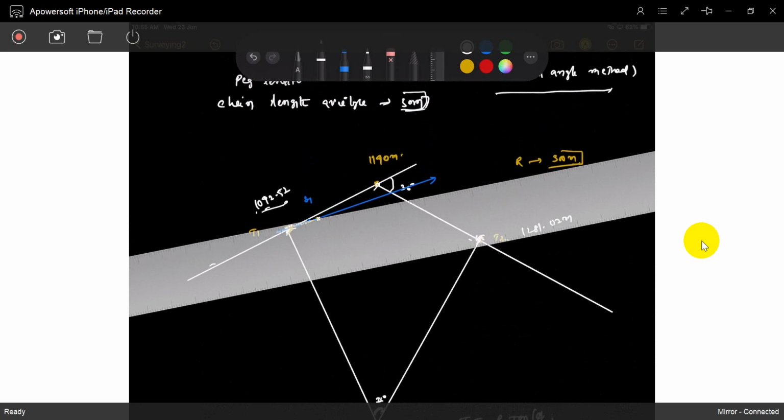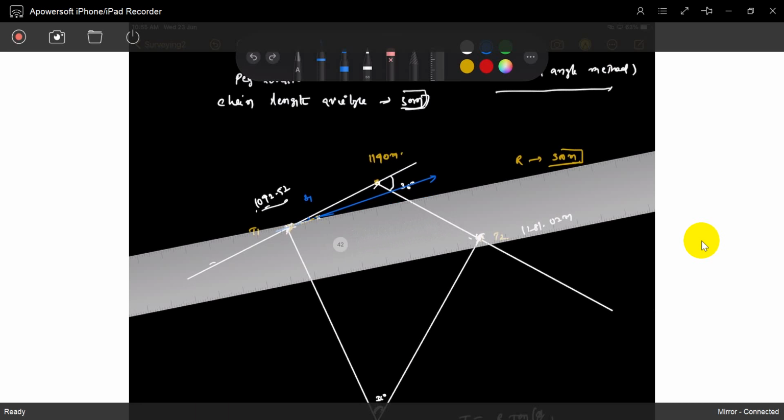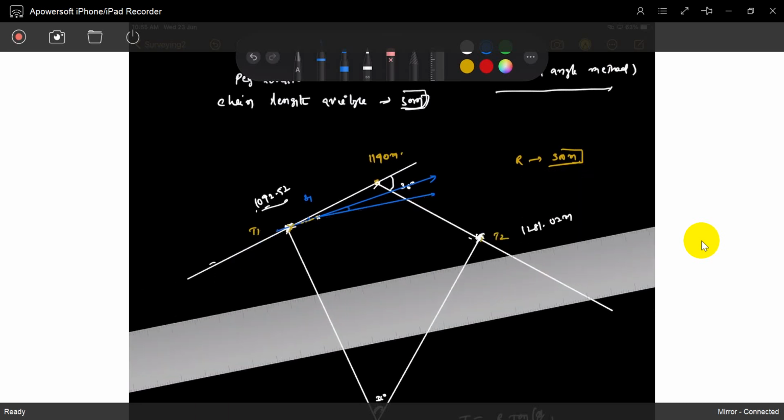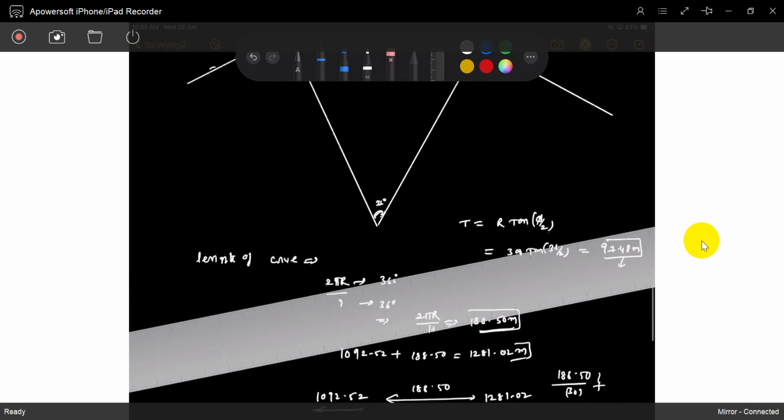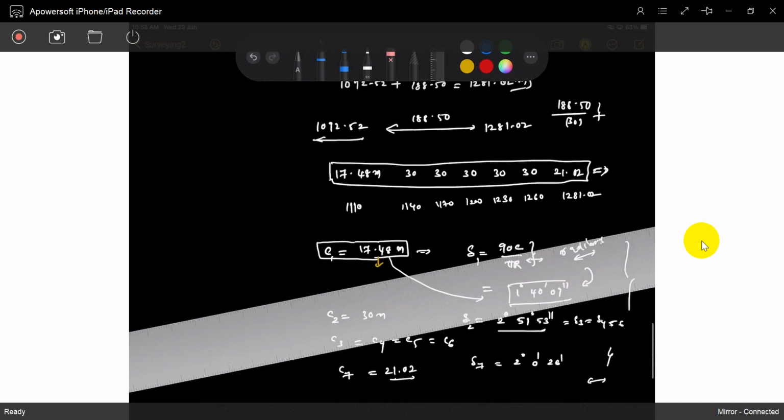I will draw again. This is delta 2, again 2 degrees, and the chord length is 30 meters.